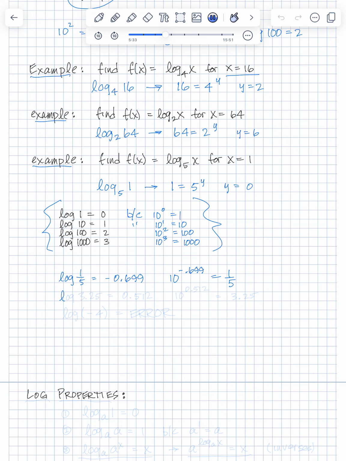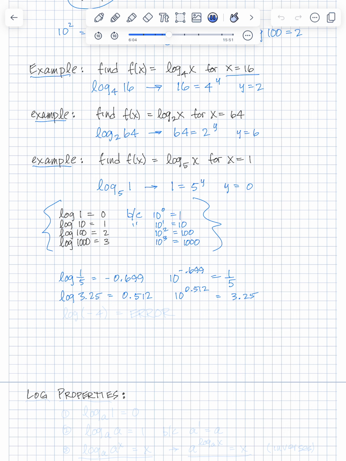Or you could have the log of 3.25 is equal to 0.512. Writing it as an exponential, 10 to the 0.512 is equal to 3.25.